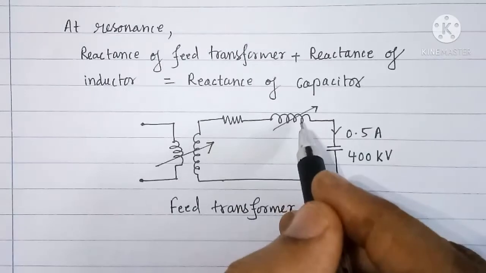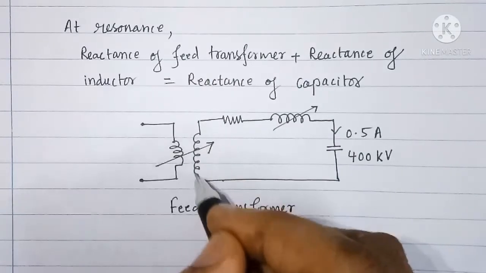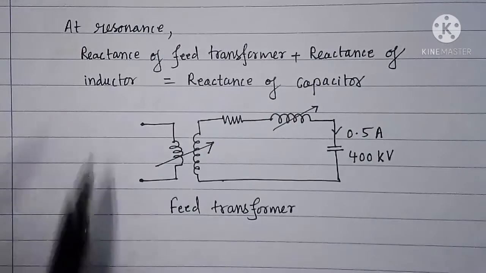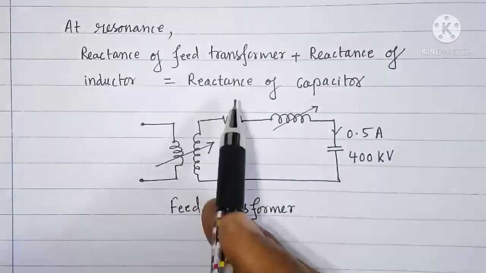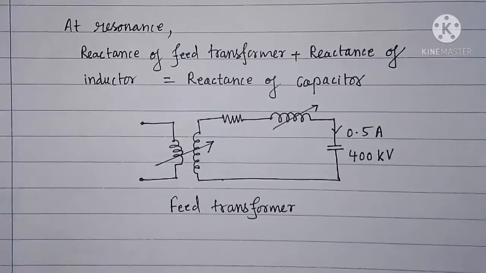So in addition to this inductor shown here, we are having transformer inductance also. So reactance of feed transformer plus reactance of inductor is equal to reactance of capacitor at resonance.